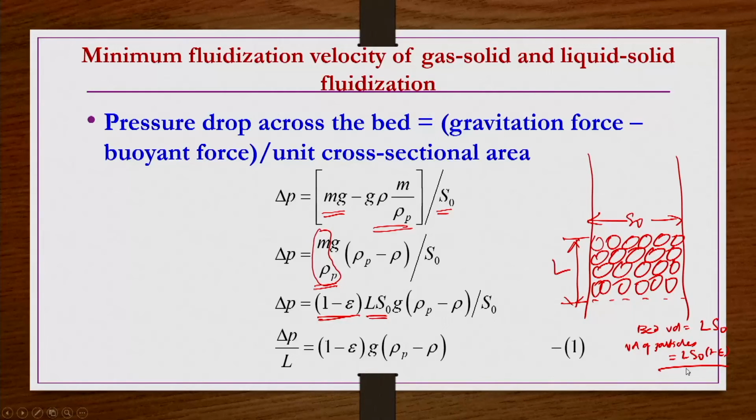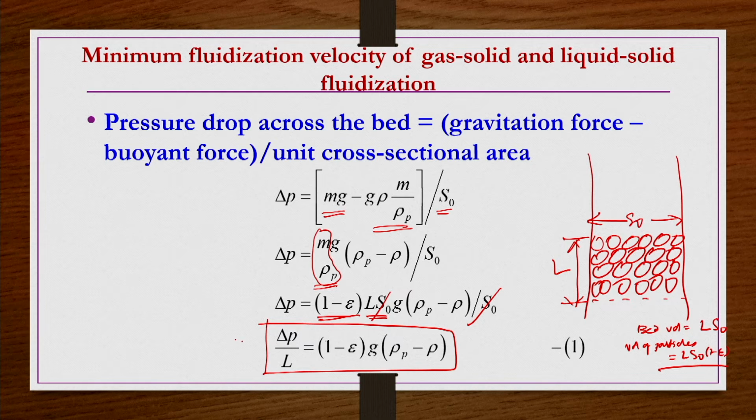The volume fraction of the particles multiplied by the volume of the bed gives the volume of the particles within the bed. So we substitute L S naught multiplied by 1 minus epsilon, this S naught cancels out, and L you can take to the left hand side.